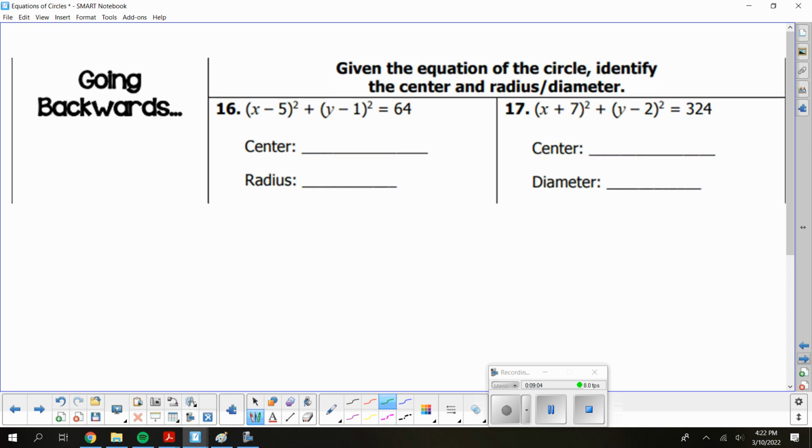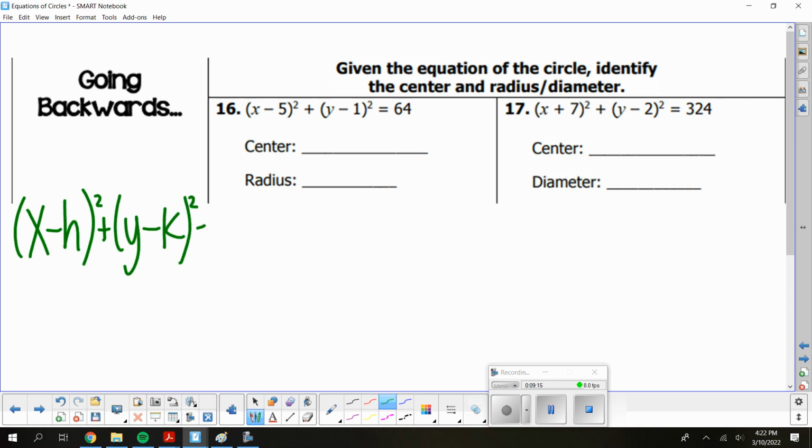So going backwards. Like I said, remember in your formula for your equation of the circle, it's x minus h squared and added to y minus k squared equals radius squared. So that 64 is my radius squared. So to get rid of my squared, I would square root. So this radius is 8.